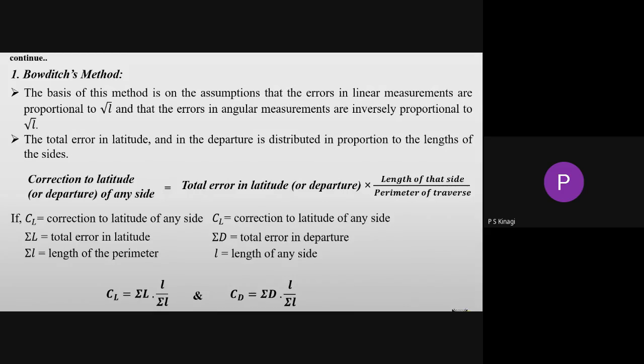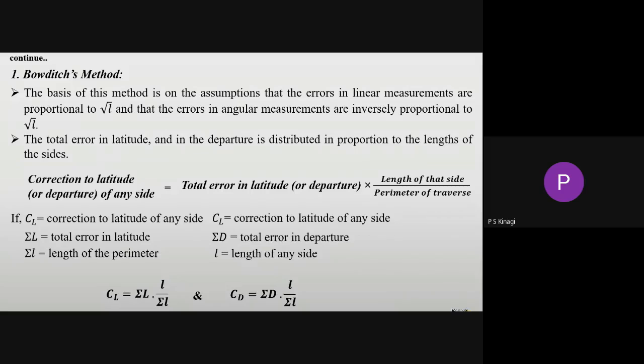Okay, thank you. So here is the same formula, which I have written with respect to latitude and departure. CL is the correction to the latitude of any side, and CD is the correction to the departure of any side.